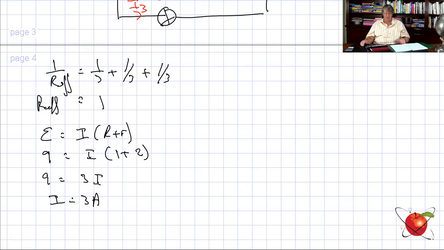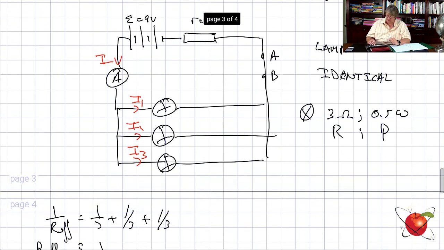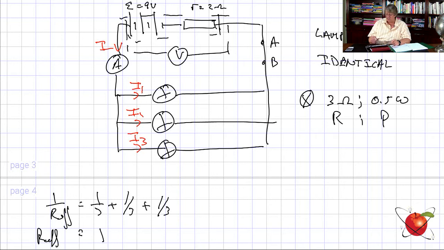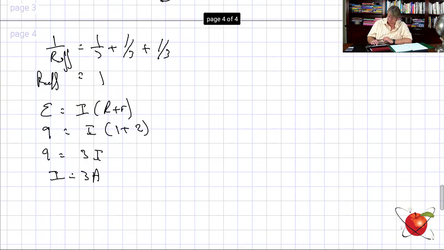That's cool. What next? Next we say, what is the reading on the voltmeter? Now, where's my voltmeter? I'm going to put in the voltmeter. Because remember, the voltmeter reads V load. Okay? It reads the circuit voltage, or V load.